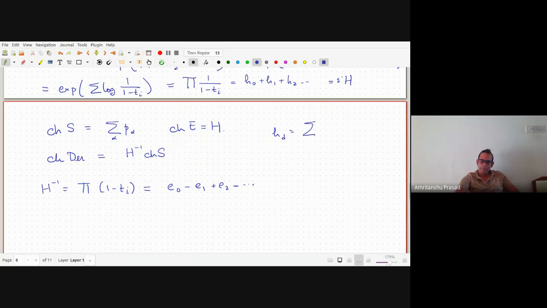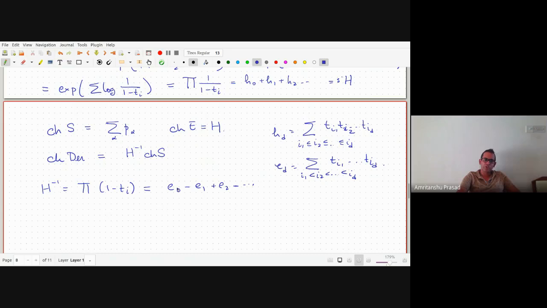HD is the sum over i1 ≤ i2 ≤ ... ≤ iD of t_i1 t_i2 ... t_iD, and ED is the sum over i1 < i2 < ... < iD. So these are mutual inverses.